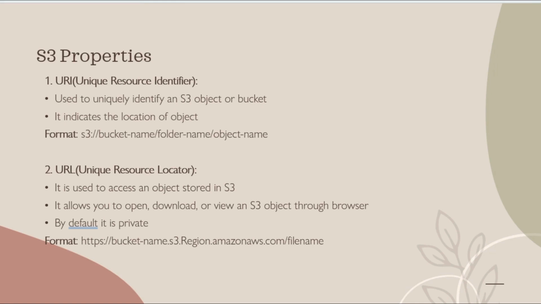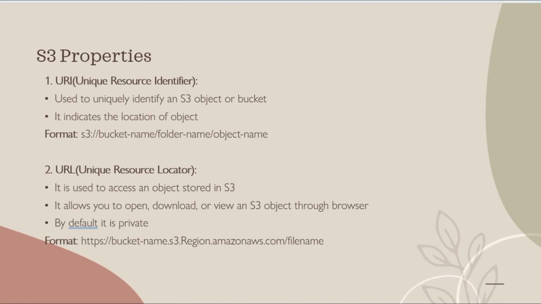Second one is URL. URL means unique resource locator. It is a web accessible link, which means it can be accessed via the browser, and it also acts like an HTTPS endpoint. Every object stored in that S3 bucket will have a unique URL, and the URL is not public by default.